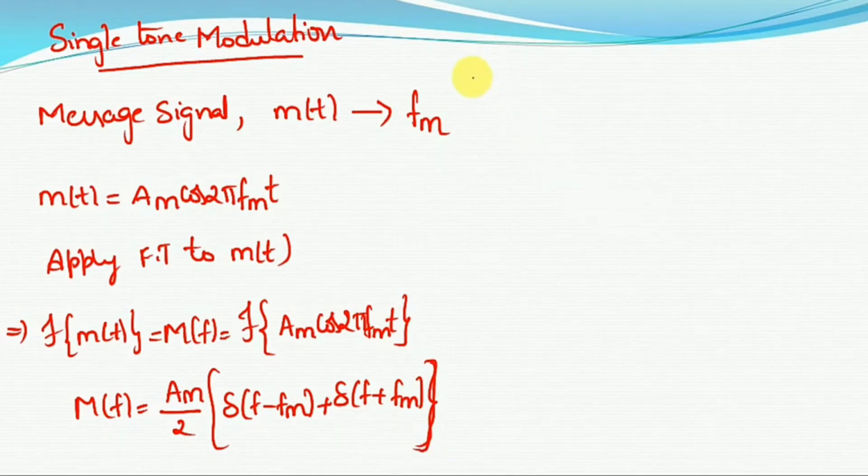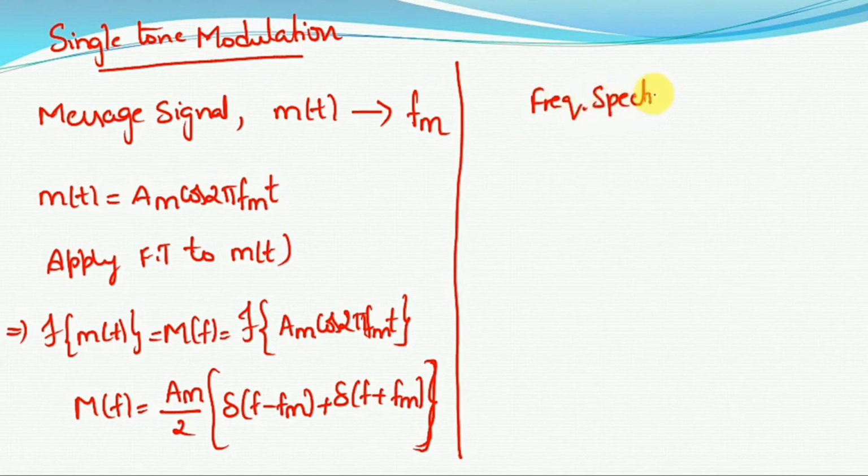The next step is to draw the frequency spectrum of m of t. What does it look like? It looks like an impulse signal. Why? Since the modulating signal's frequency expression consists of only impulse terms, shifted by frequency fm, with an amplitude Am by 2.